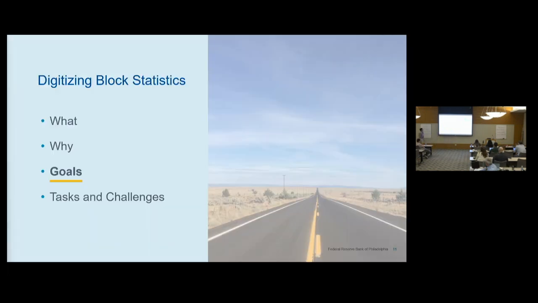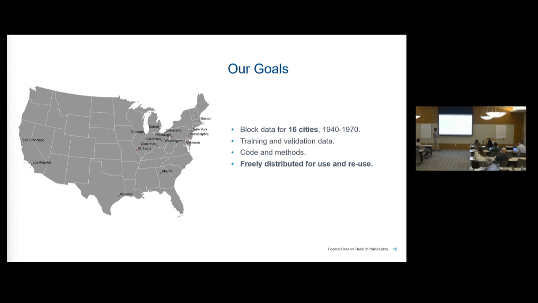Okay. What are our goals with this project? So those are two examples, localized processes and localized policies. What we intend to do is to develop and release block data for 16 cities for 4 census years between 1940 and 1970. We also want to release training and validation data that we're using to develop the models to digitize these statistics.